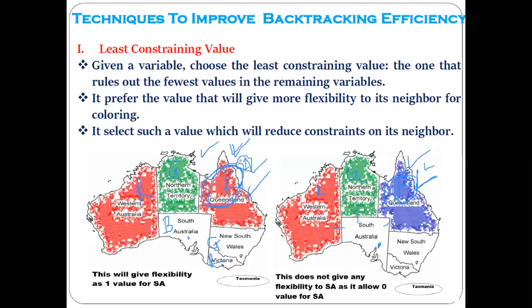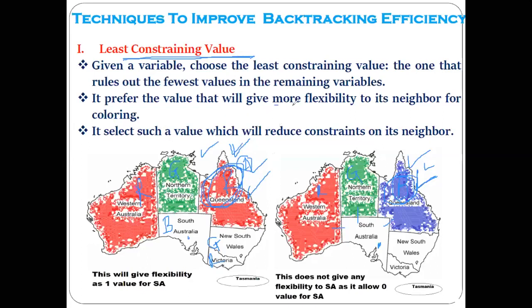In this case, the choice of the color red is referred to as the least constraining value. Got the point? Choosing this red color is nothing but the least constraining value. Why is it called that?